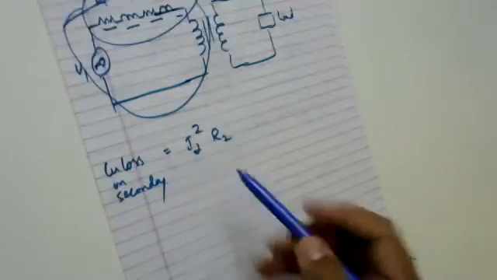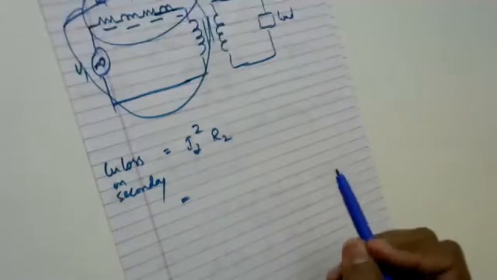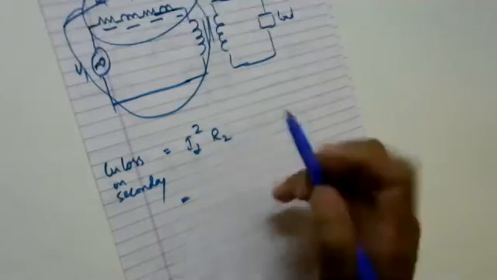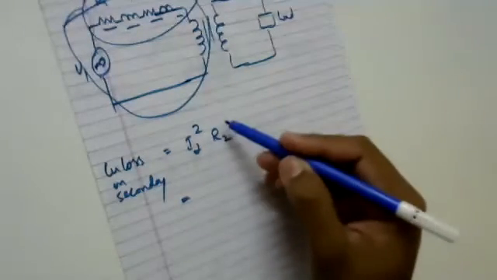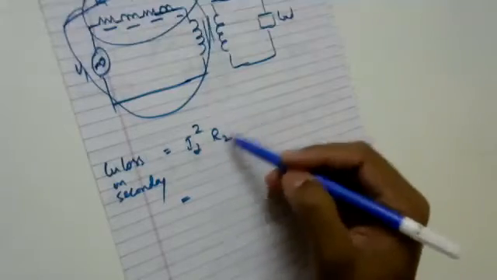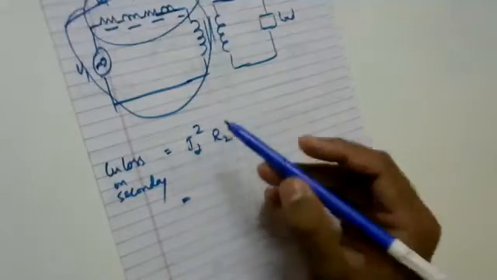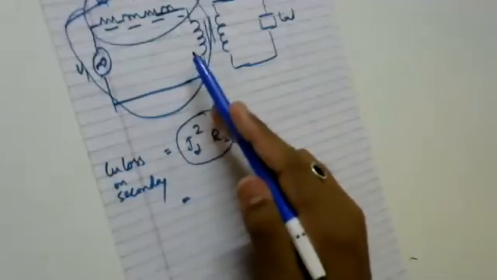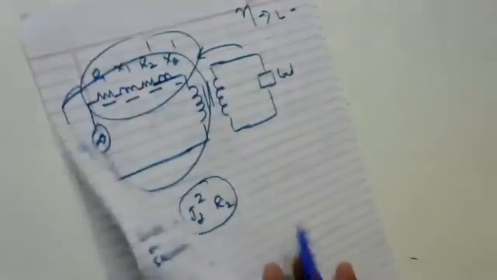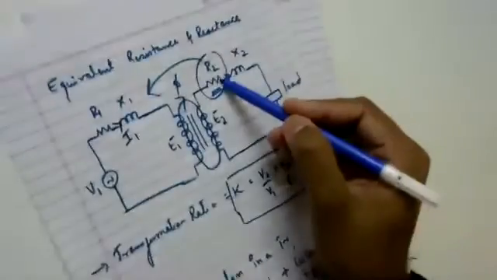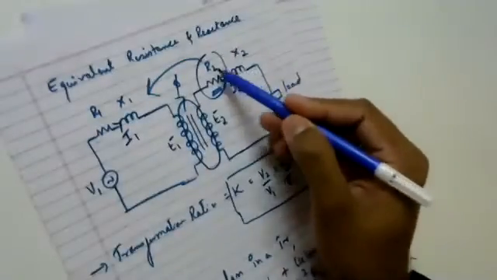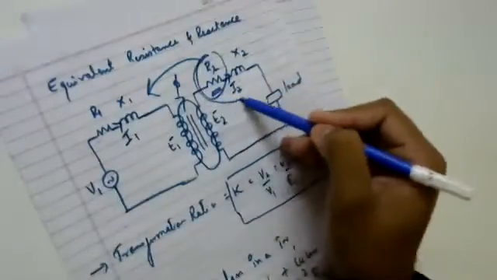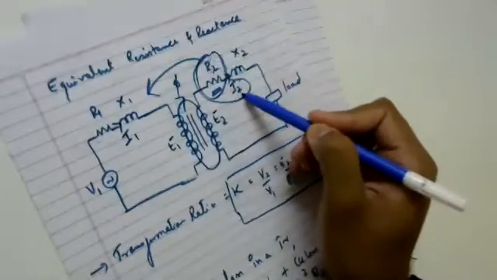Right? Now, what I want to do here is develop an equivalent resistance on the primary, which will produce the same amount of copper loss as well. My simple statement is, R2 was there on the secondary side, agreed? So I2 square R2 is the copper loss which was occurring on the secondary.